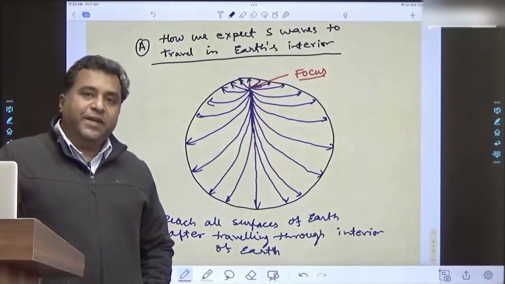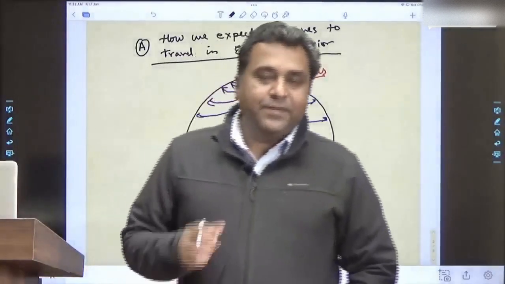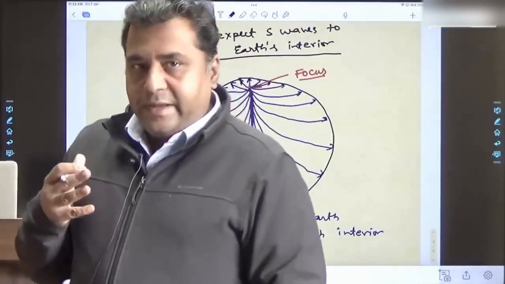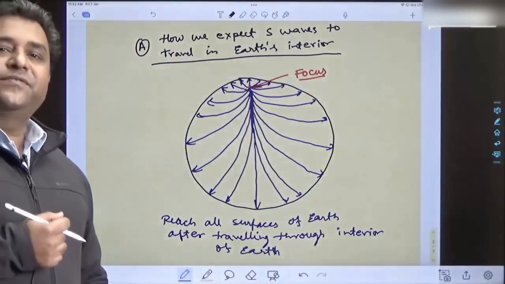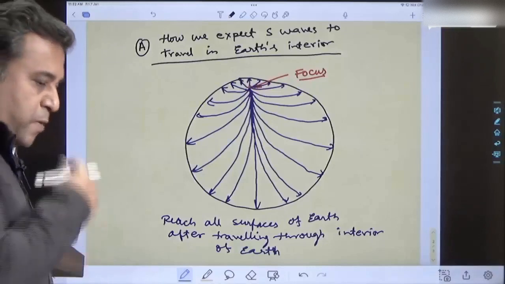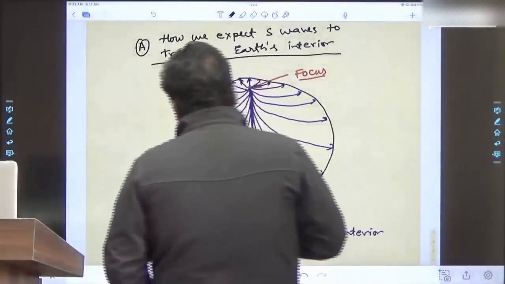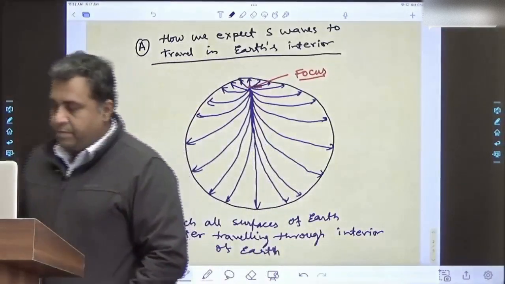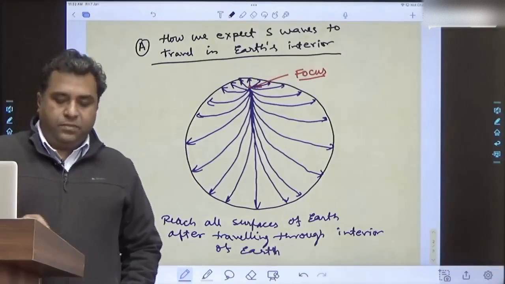Now what we expect and what we observe in reality might be different. So what we observe in reality is different from what we expect the S waves to behave like. We'll see how the practical real observation is different from this. That's what I'll draw next. Hopefully this is done. This much everyone has drawn.